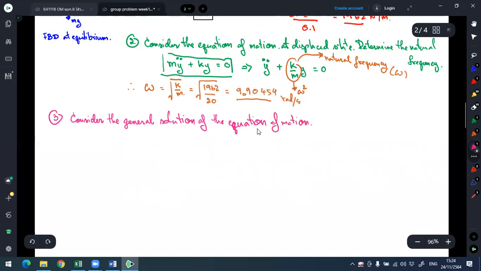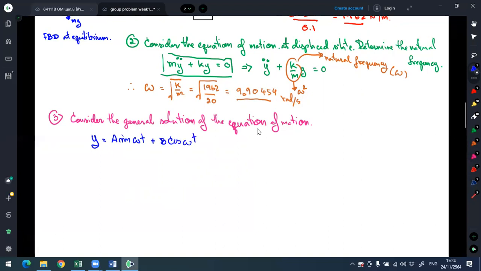The general solution for this case, a free vibration, is defined by y equal to a sine omega t plus b cosine omega t.